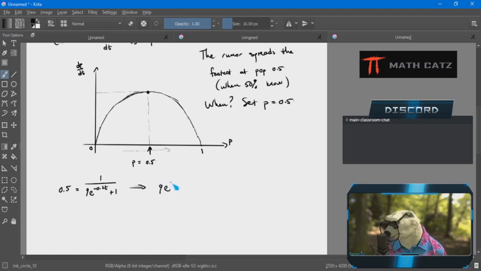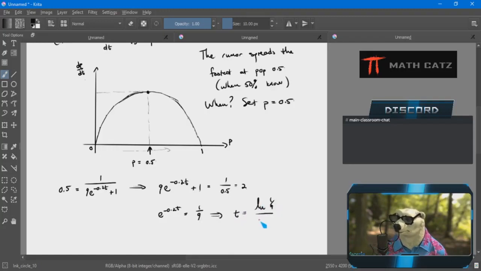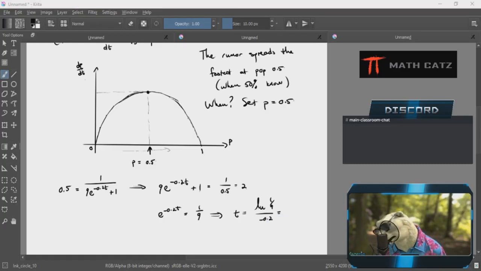So 9e to the negative 0.2 t plus 1 equals 1 over 1.5, so that's going to be a 2. So e to the negative 0.2 t is going to equal 1 over 9. So t is going to equal natural log of 1 over 9 over negative 0.2. Let's see what that comes out to be.